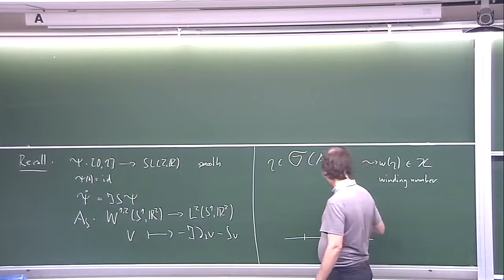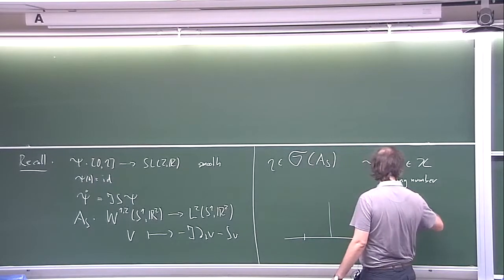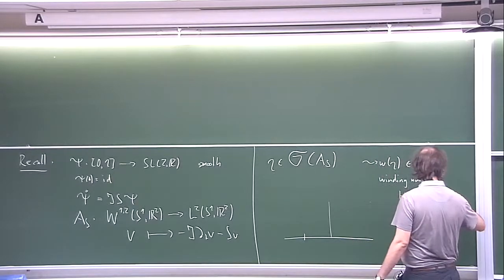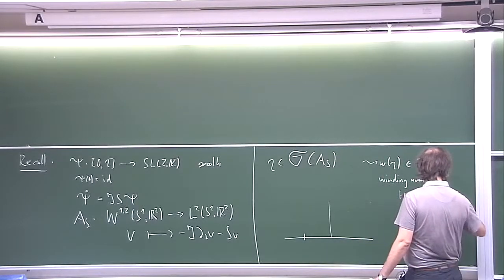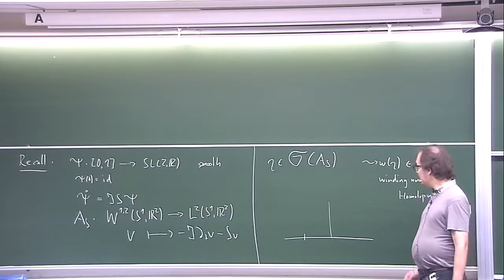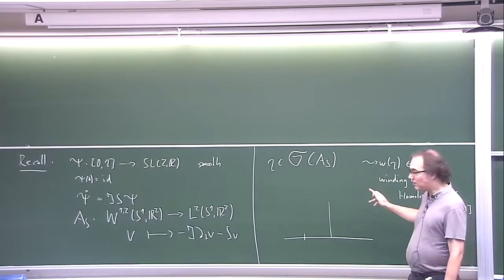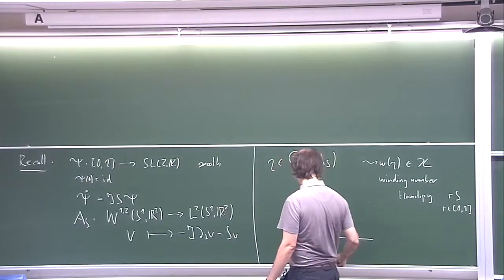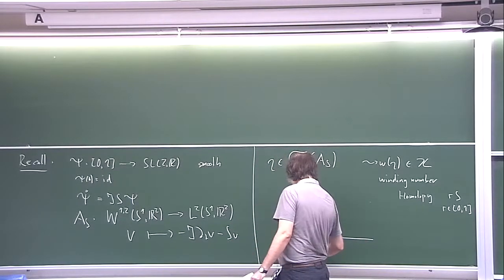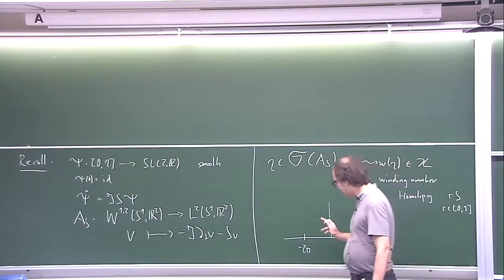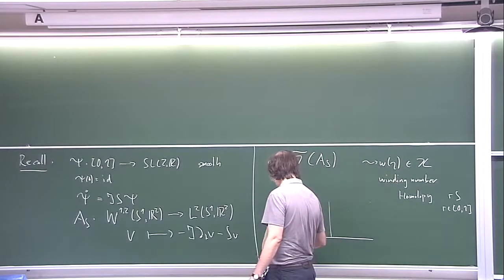So we just look at the homotopy, r in [0,1], and then for r equals 0, we can compute explicitly. We have just this operator, and we have always an eigenvalue at the integer multiples of 2 pi.